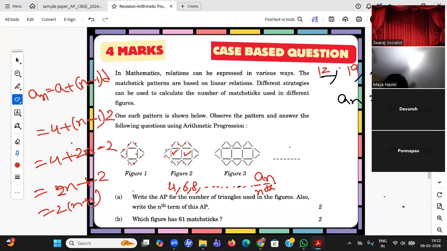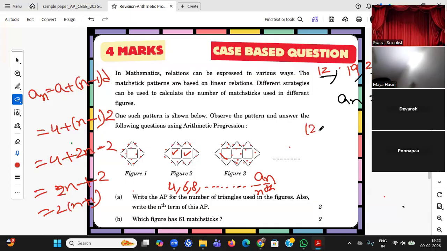Okay, so that's all. Only two terms are more than enough. Or else you can just check by counting up to 26. Let me see. 19 minus 12 is 7. 19 plus 7 is 26. Absolutely right. Now he's asking for a of n.